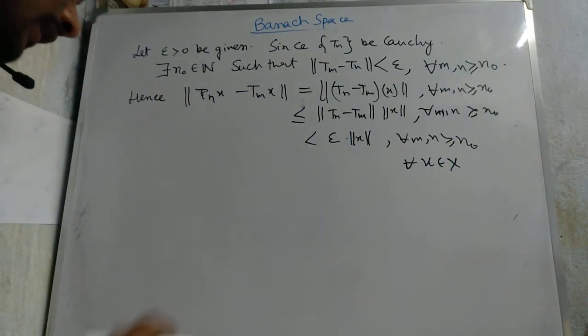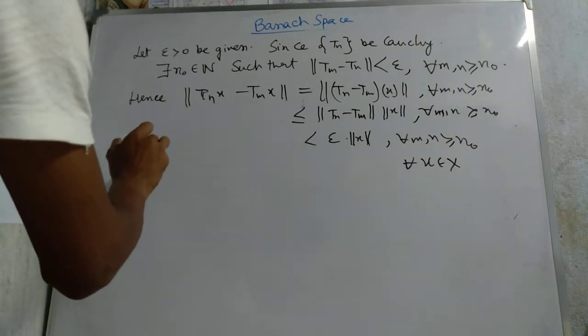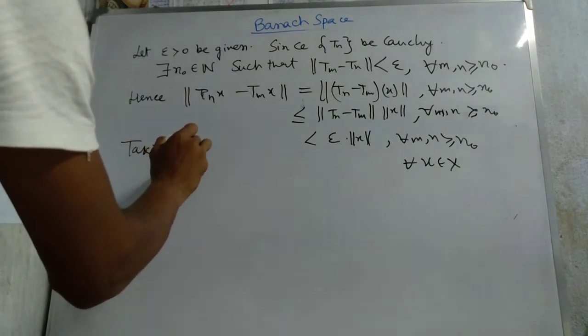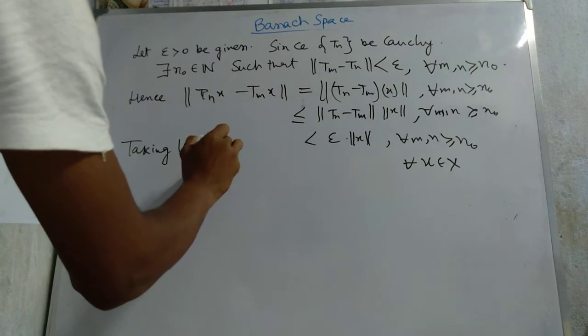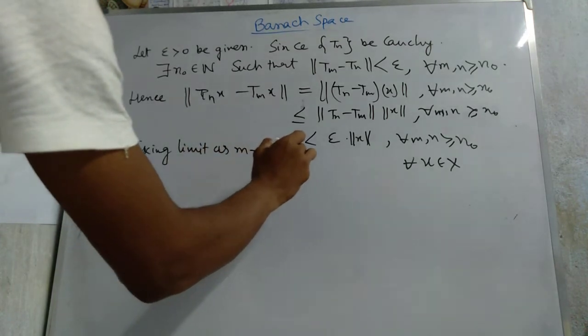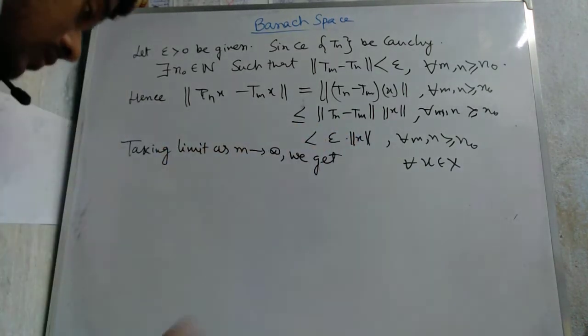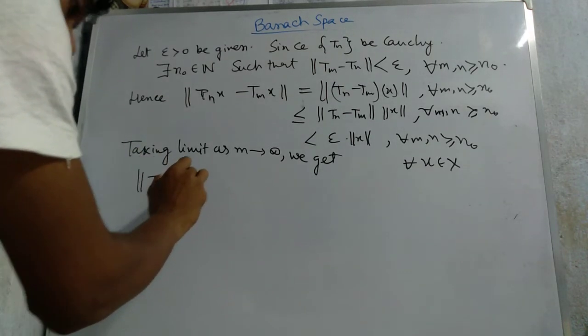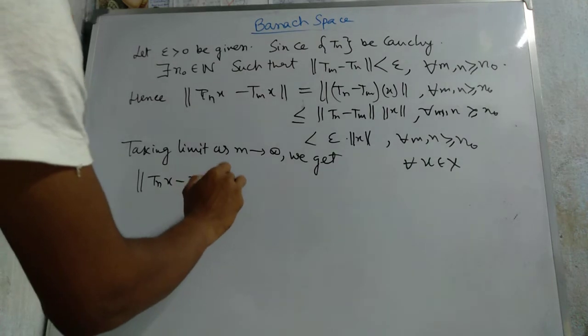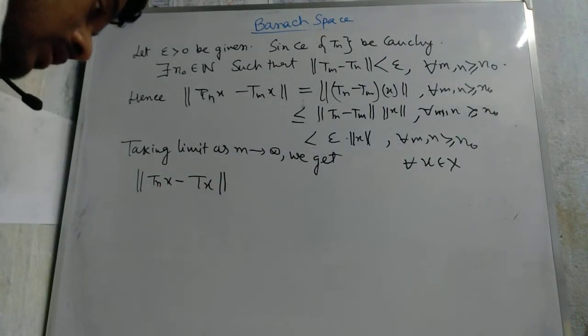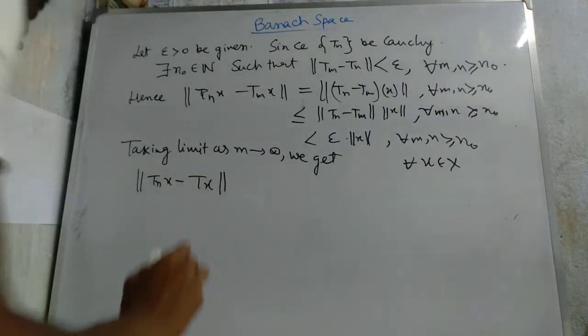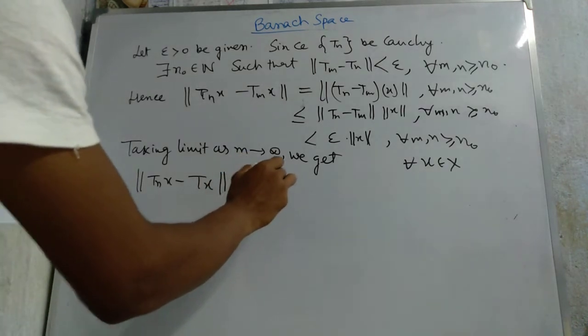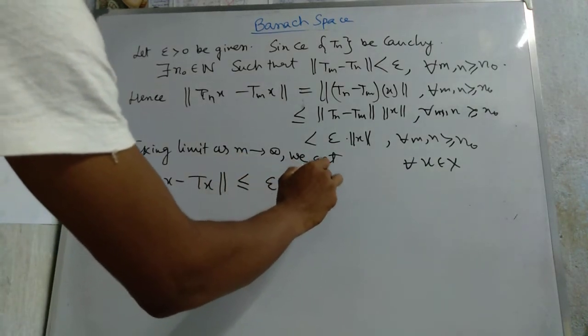Now taking the limit as m tends to infinity, we get norm of Tₙx minus norm of Tx less than or equal to epsilon norm of x.